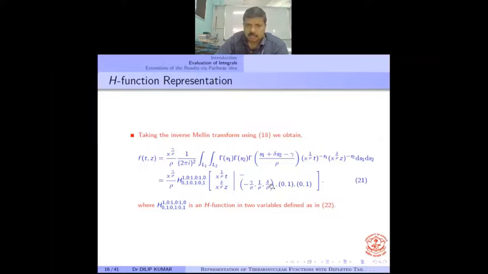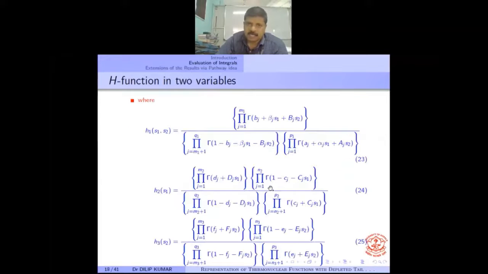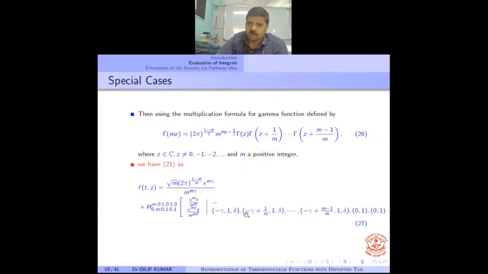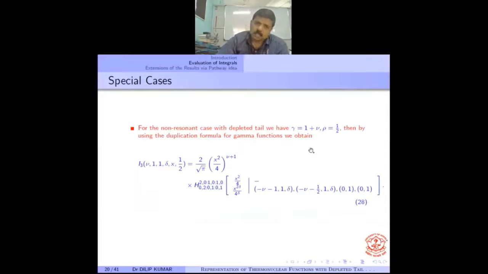Then you use the multiplication formula for gamma functions, and you will end up with an h function in two variables like this. Just for mathematical curiosity, we are writing this expression. There is no other reason. And for special cases in physics, we have gamma as 1 plus nu and rho as 1 by 2. So in physics, the equation will be this.